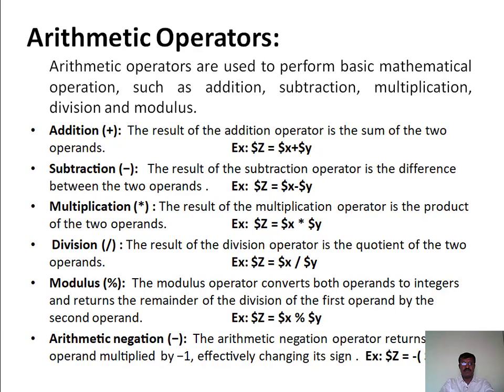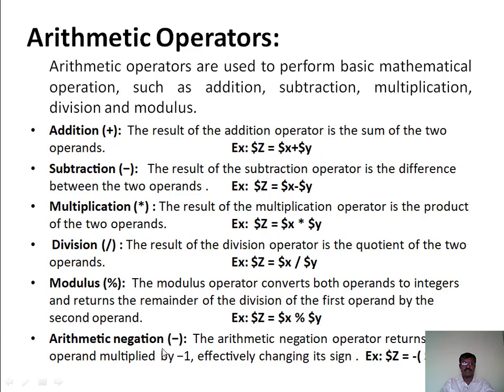After division it will return the remainder, not the quotient. So here is an example. There is variable z equals variable x modulus operator variable y. So here it will perform integer division and it will return a remainder to the variable z.